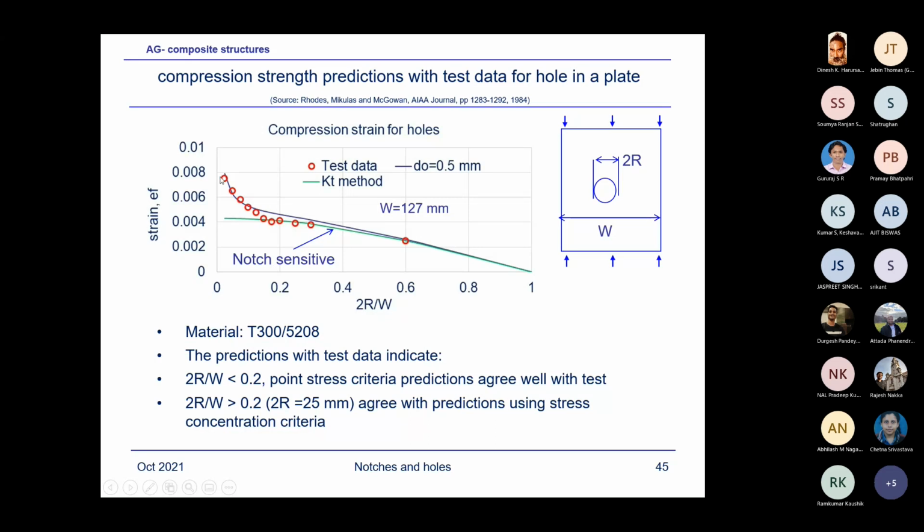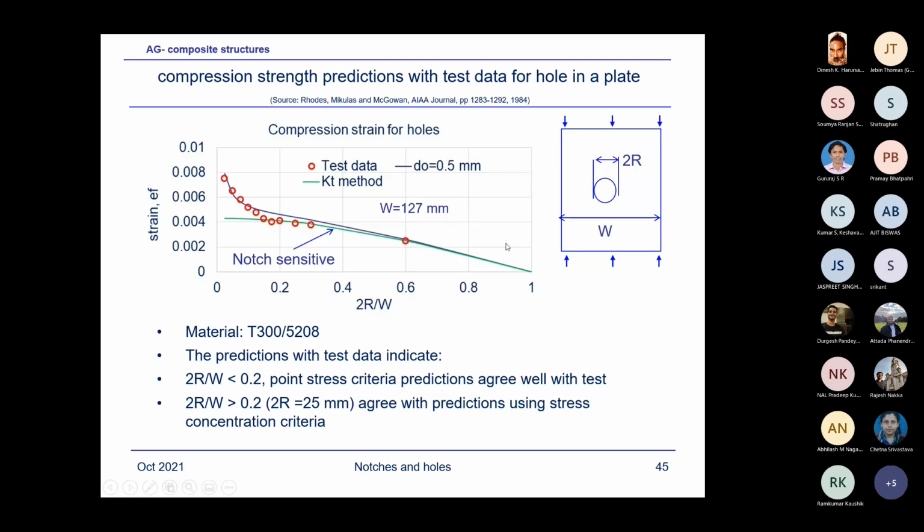From this test data, this line is based on the point stress and this line is based on KT. This data matches very well with the prediction using the point stress criteria.